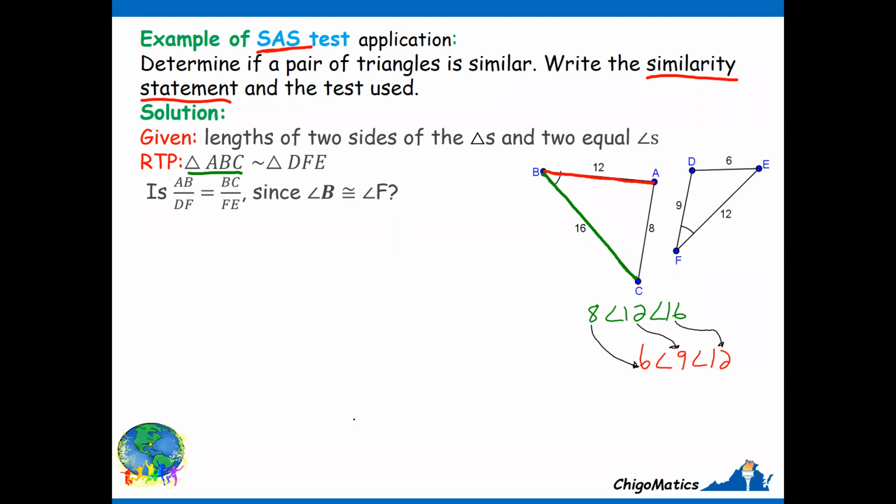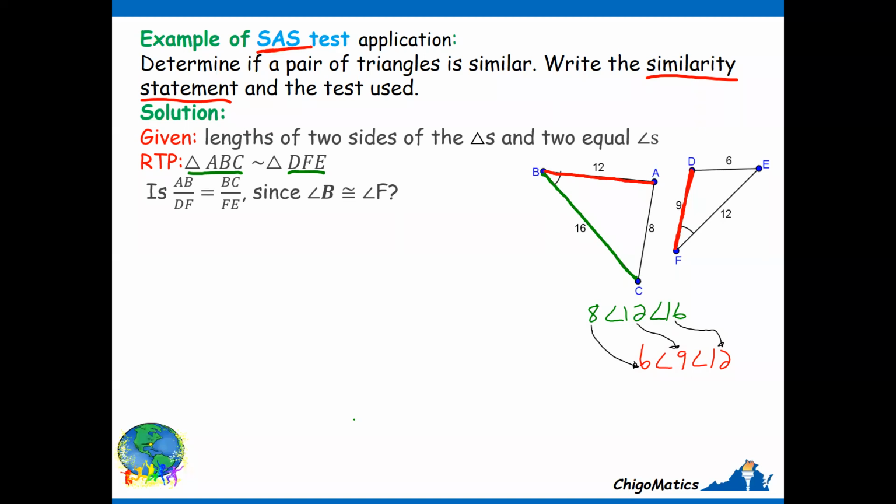So BC, now, which I've put the color red, will correspond to the side with 9, which is this side, right? So at the end of the day, this is why then, as you can see, that is DF, and this is exactly what we have here to then say triangle ABC is similar to triangle DFE.